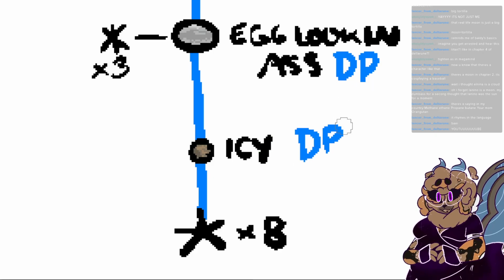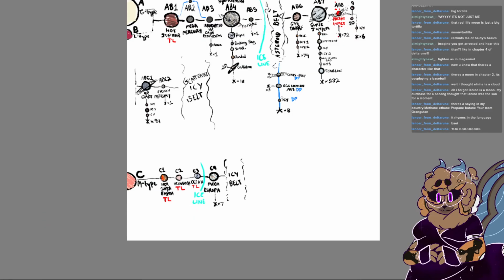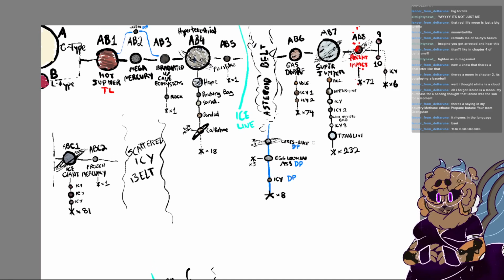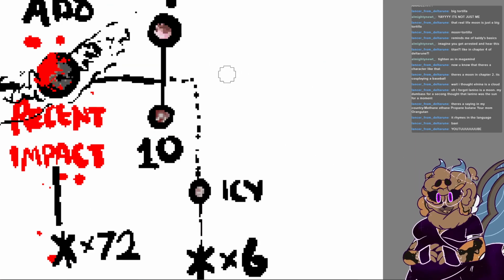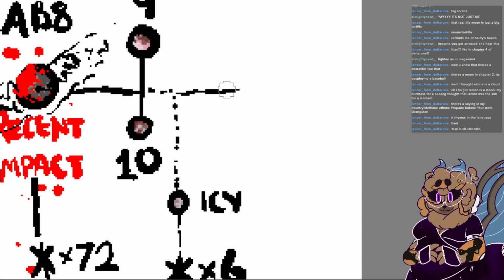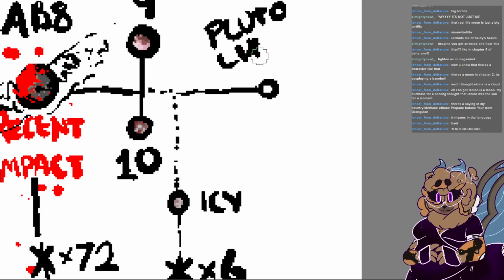DP. Alright, we've got that. I think I will make there be, like, two dwarf planets past the orbit of 9 and 10 there. So one of these here, I'm just gonna call this Pluto-like.